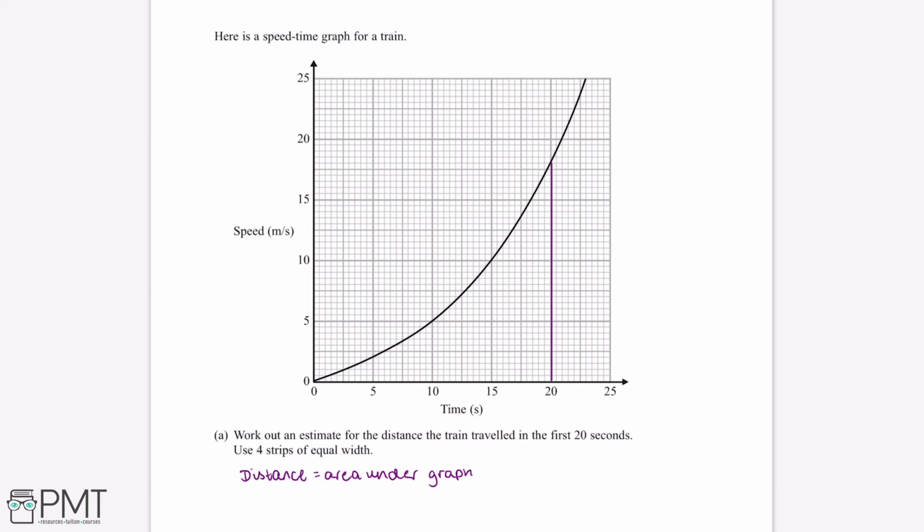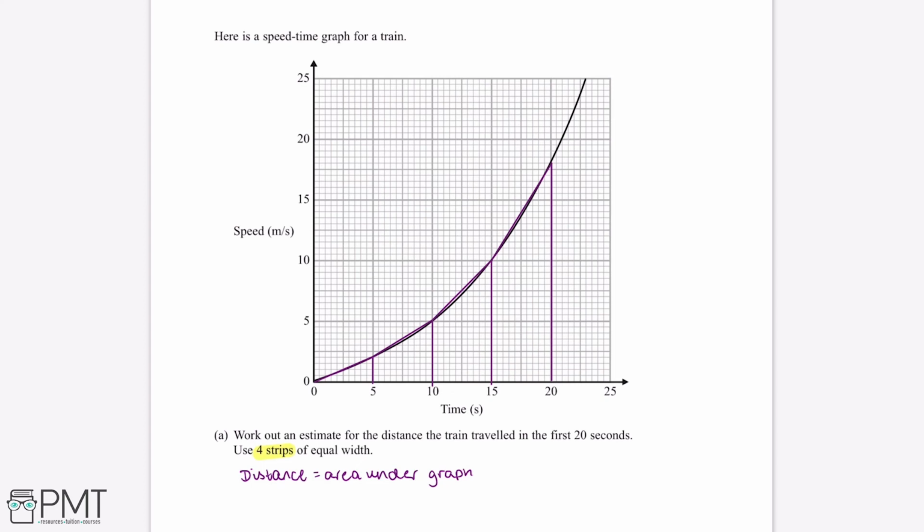However, we've been told to use 4 strips of equal width. So what we can do is split this area into 4 vertical widths. So what we need to do is work out what these 4 areas are equal to and then add them all together. So what we can see is the first strip is a triangle and then the other strips are trapeziums.